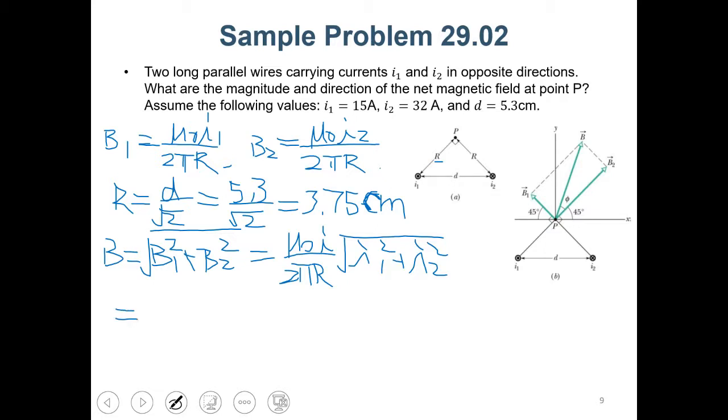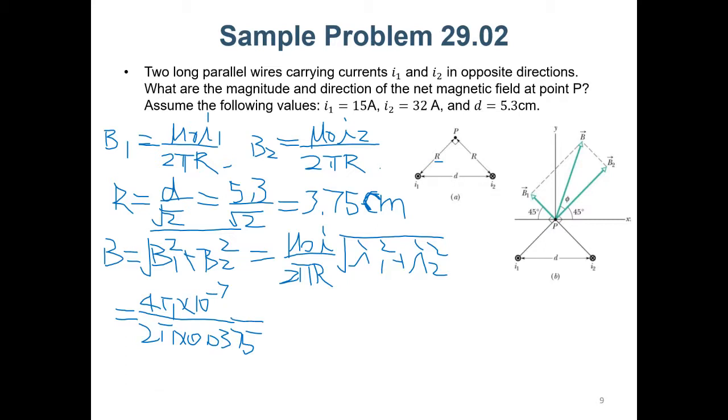So we substitute all the values. Mu 0 is 4 pi times 10 to minus 7, over 2 pi times 0.0375. There's no I there.